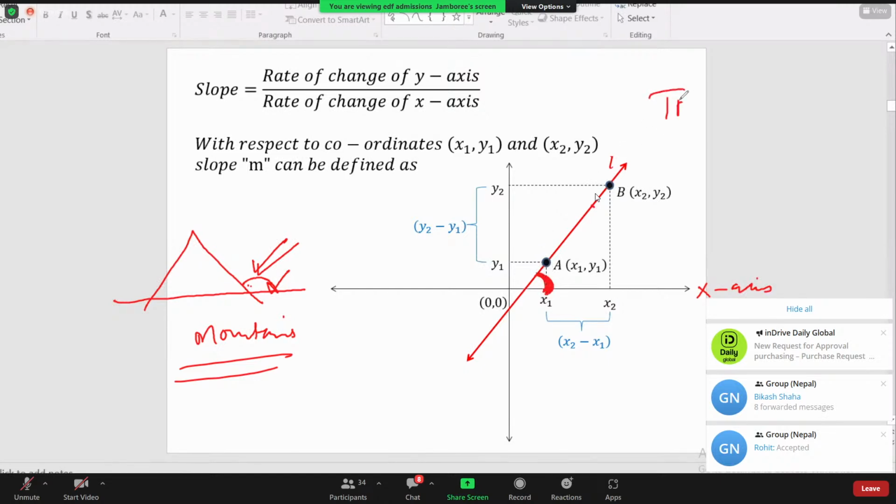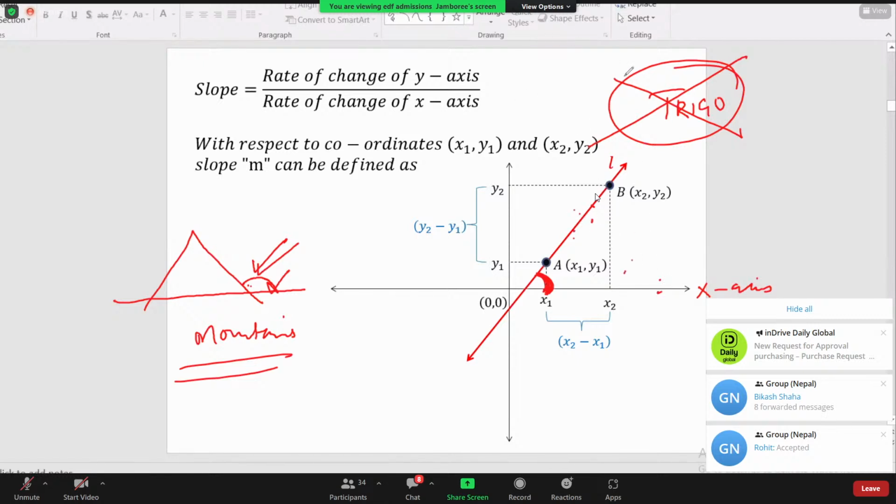But unfortunately, to understand this idea, we need deep knowledge of trigonometry, and trigonometry is not part of our course, so we'll keep this angle formation out of the context. Though on the basic level, the inclination of the line with the positive direction of the x-axis, that is the angle formed by this line and the x-axis, denotes the slope of the line.